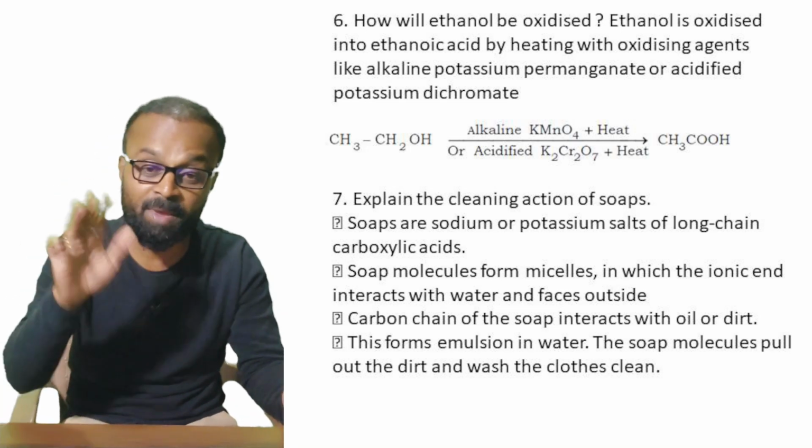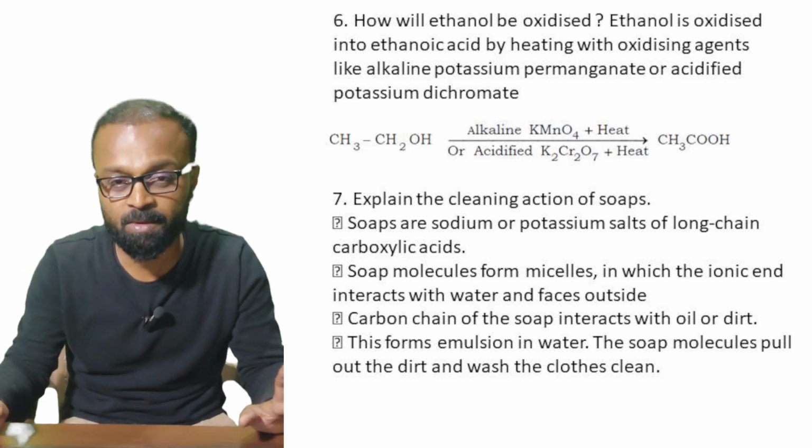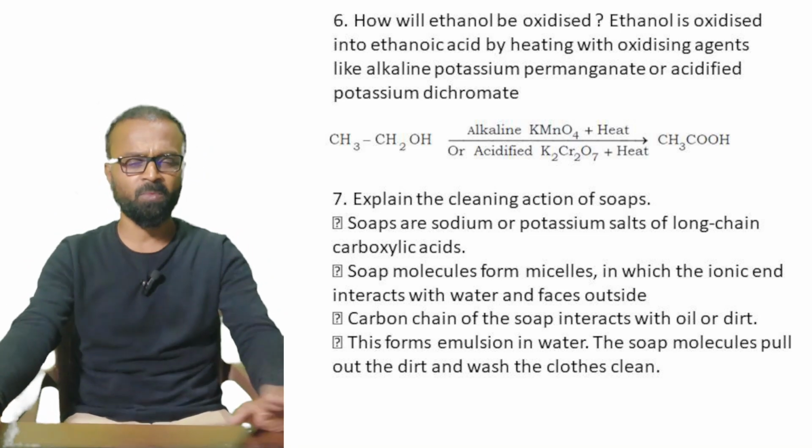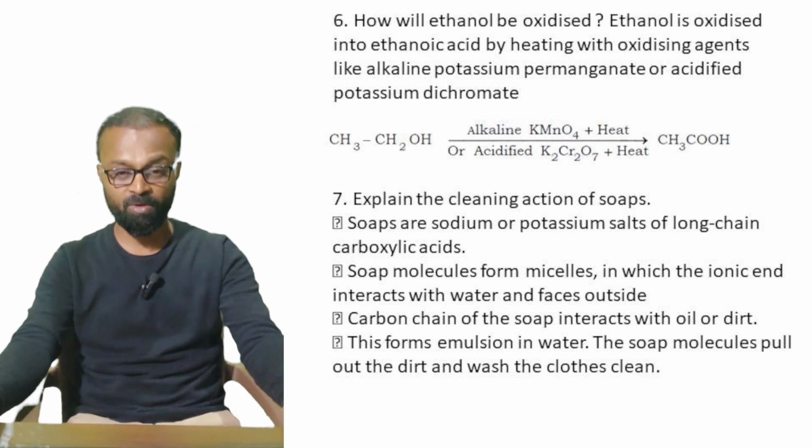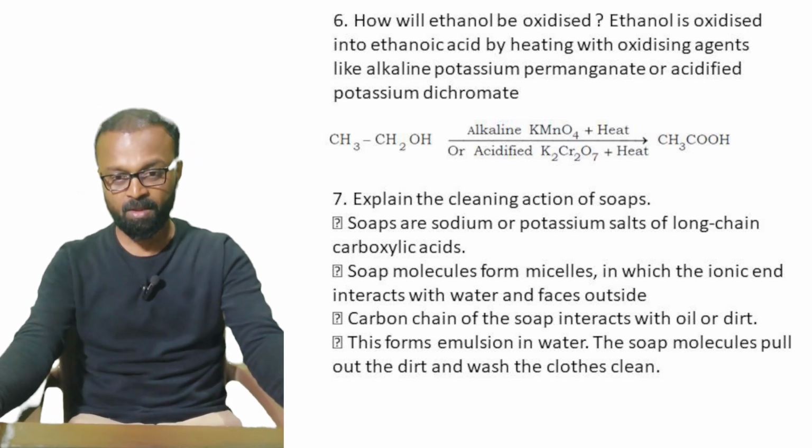Then you have to write the reaction, the chemical equation. Very very simple. Okay, write in the form of sentences, then you go for the reaction, then only you will get 2 or 3 marks for this question.